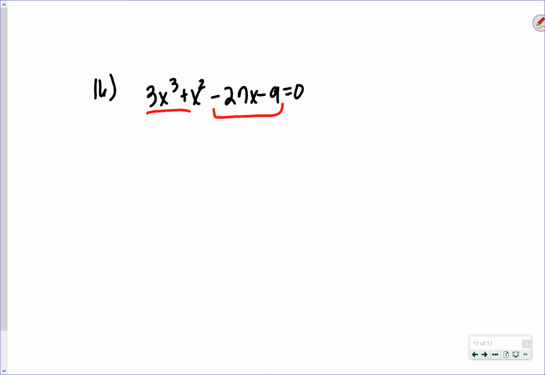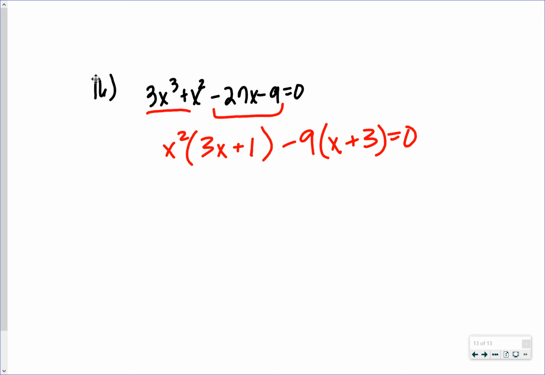First two, last two. 3x cubed plus x squared have an x squared in common. I have 3x plus 1, not plus 0. And then in the negative 27x and minus 9, I need my minuses to turn into pluses. So I'm going to take out a minus 9 and leave myself with x plus 3. Now my two factors, one of them is the one that repeats.